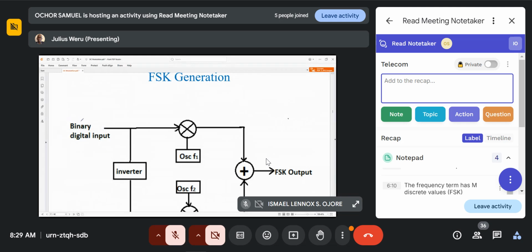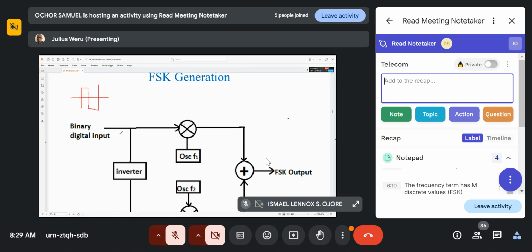Again, this will be a signal representing the 0 and 1. So that signal is going to switch. Actually, this one should be an NRZ.